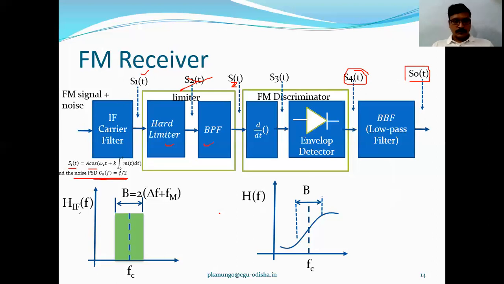Another two things we have to consider here. This is the IF filter frequency characteristic. In this analysis, we are assuming an ideal bandpass filter centered at frequency fc, and the bandwidth is equal to twice (Δf plus fm), or you can say twice (β plus 1) fm.